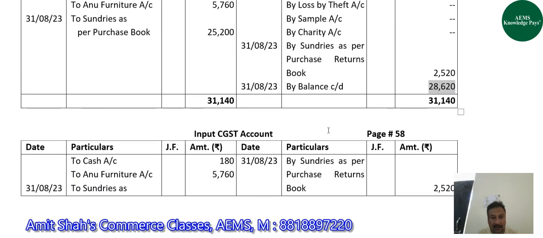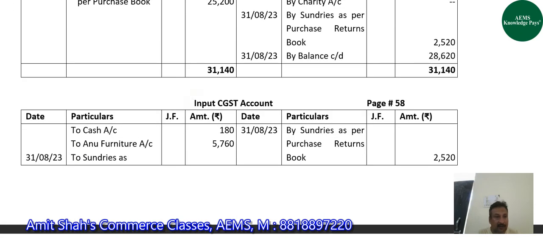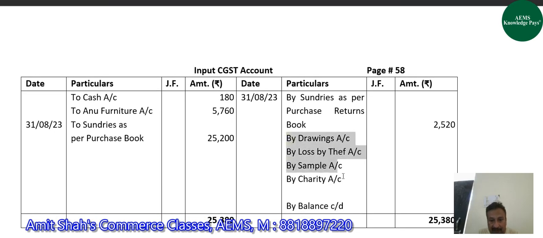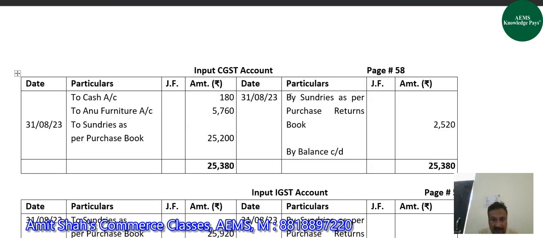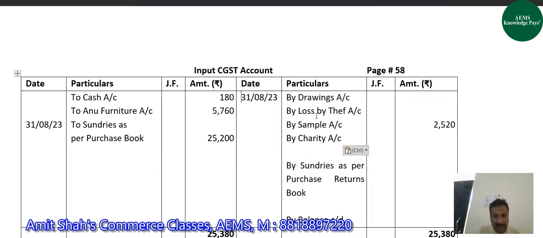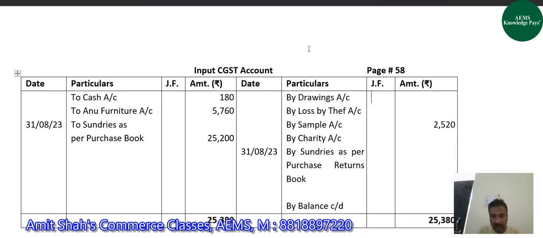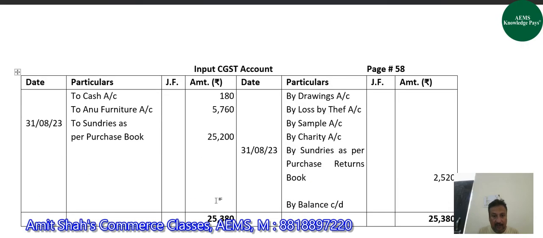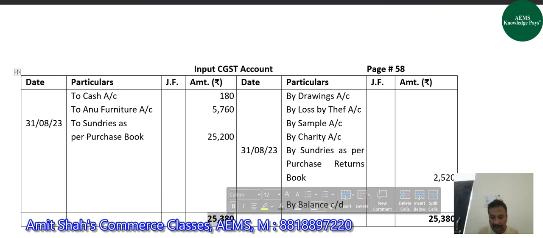Did this, right? Now input CGST account. Here also we may have these items on the credit side. 31,140 would be the total of this account also.